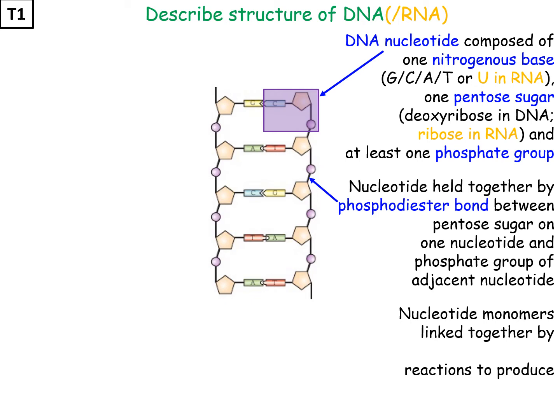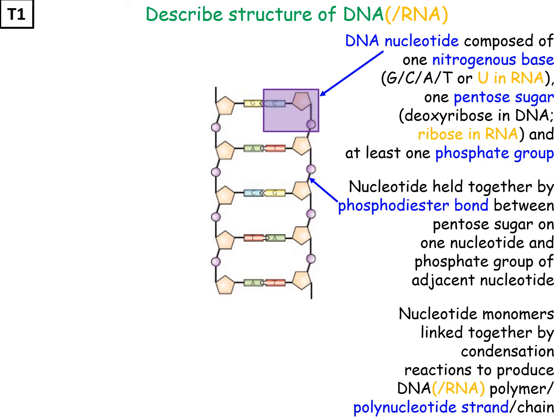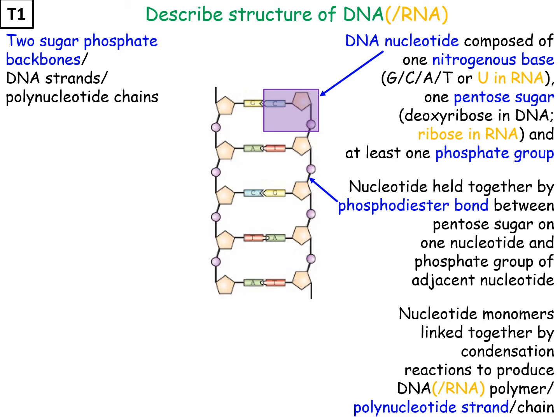The nucleotide monomers are linked together by a condensation reaction, and that produces the whole large DNA polymer or RNA polymer, the polynucleotide strand or chain. In DNA, there are two sugar phosphate backbones, or DNA strands, or polynucleotide chains, that form the double helix structure.